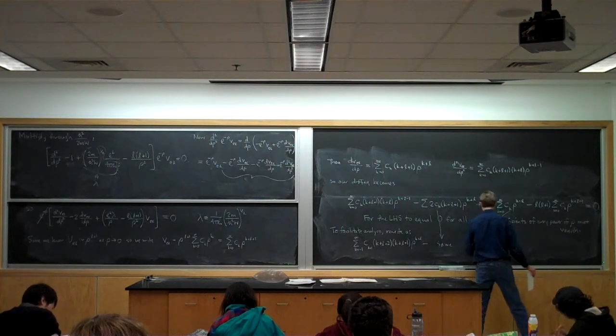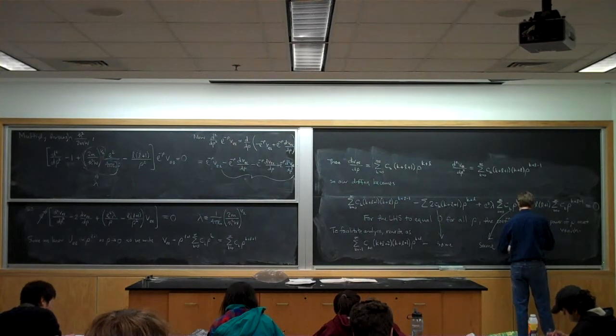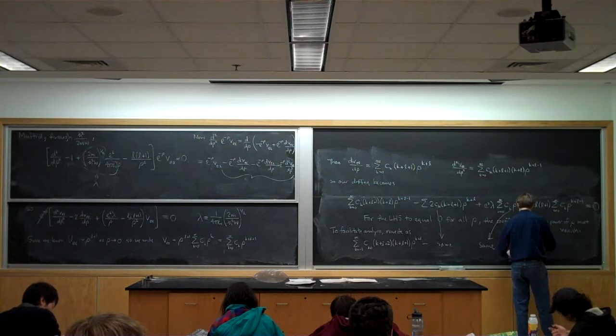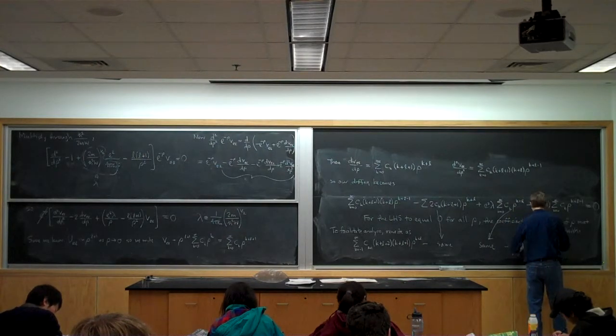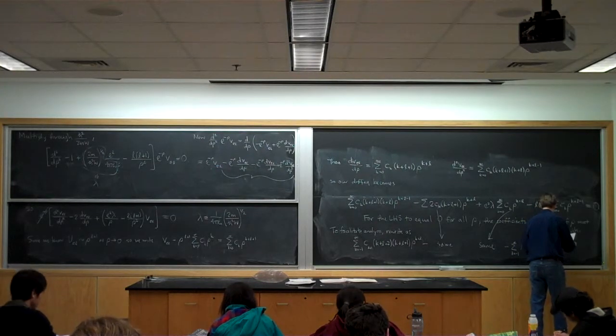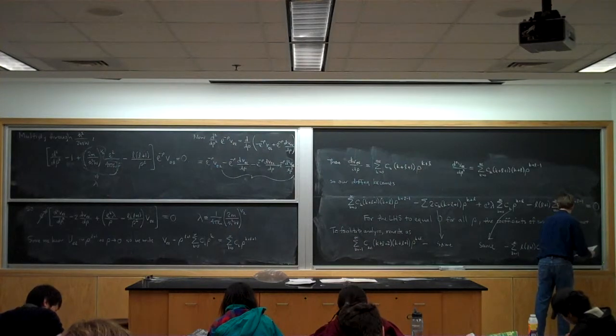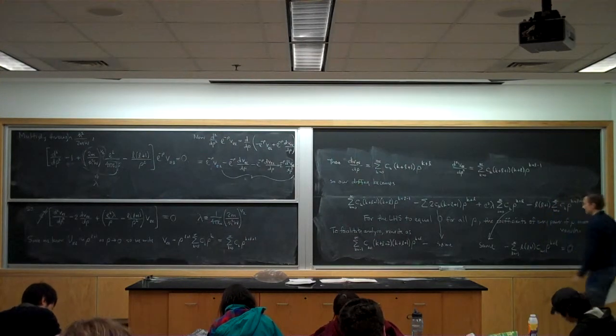Now, in your notes, you should probably actually put them in. And then the last piece becomes minus the sum from k equals minus 1 to infinity of L plus 1, c sub k plus 1, rho to the k plus L is equal to 0.